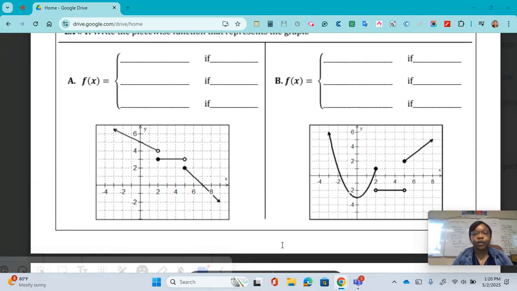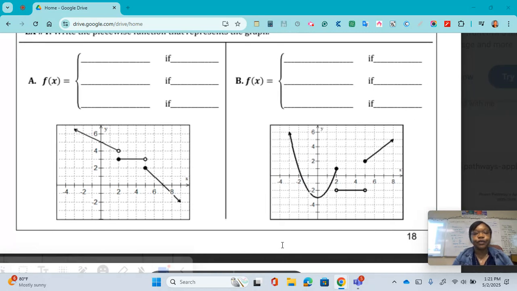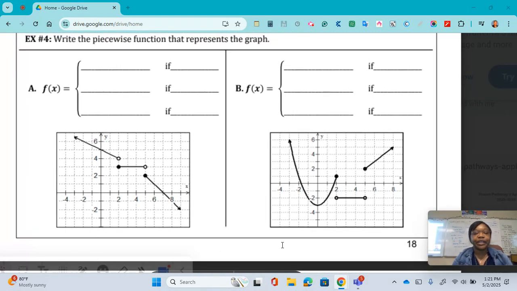All right, on this one, we have to figure out what the equations are. The first graph, this is what type of function? Because it is a diagonal line. Linear.